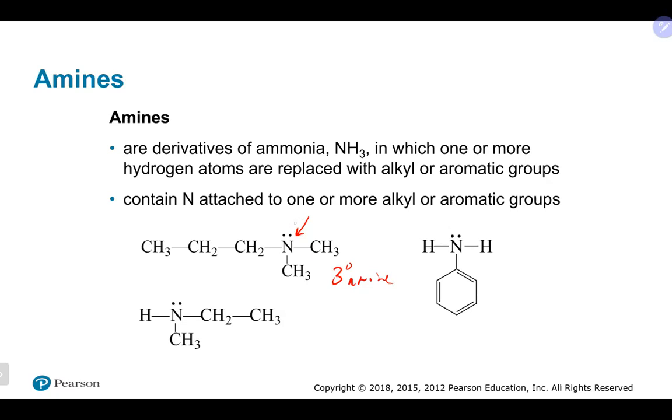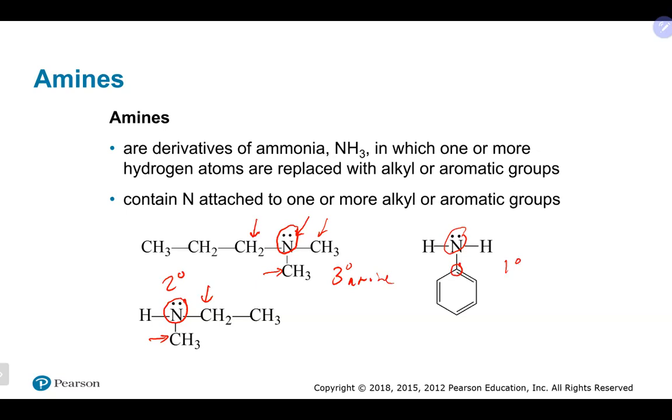And that is, you would look at the nitrogen, and it is attached to 1, 2, and 3 carbons. So it's a tertiary amine. This is also an amine here, but it is actually a secondary amine, as it is attached to 1 and 2 carbons there. And this amine is a primary amine, as it is attached to 1 carbon right there.